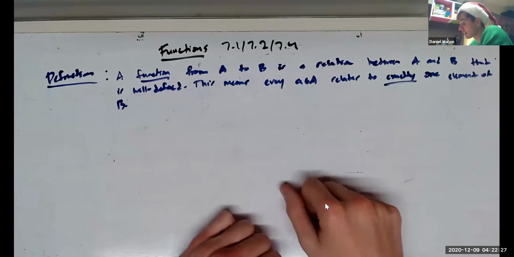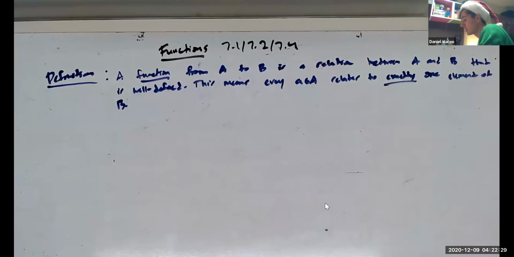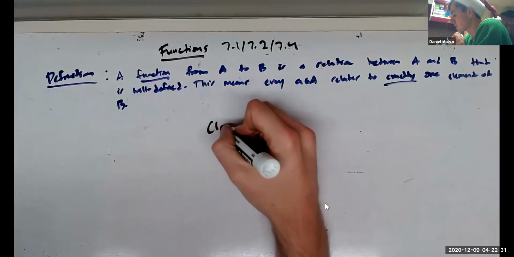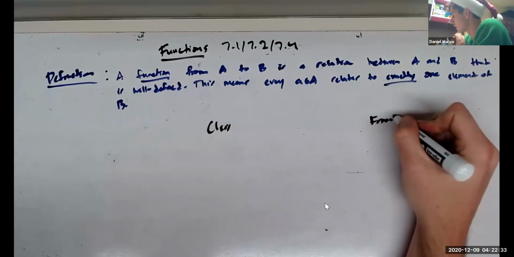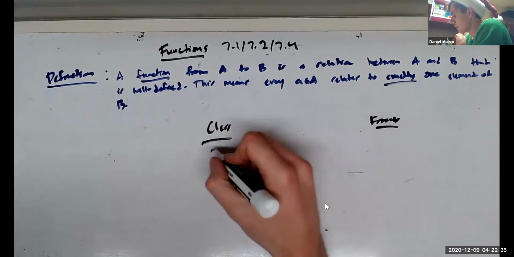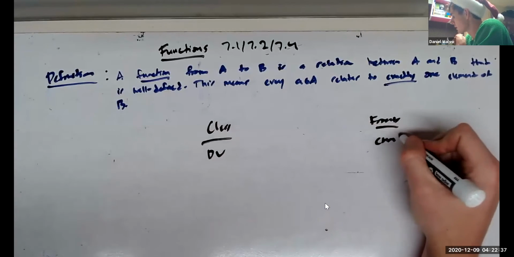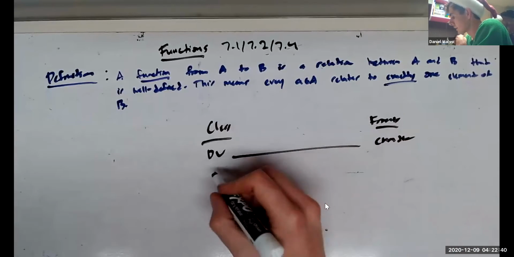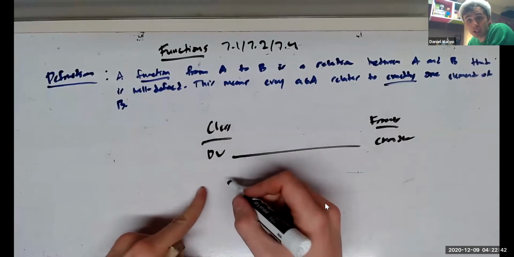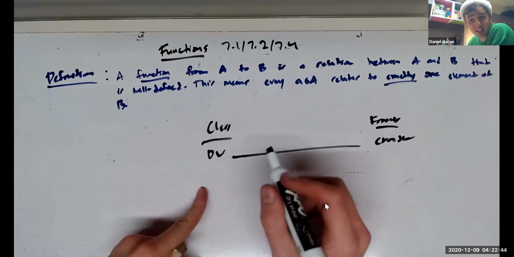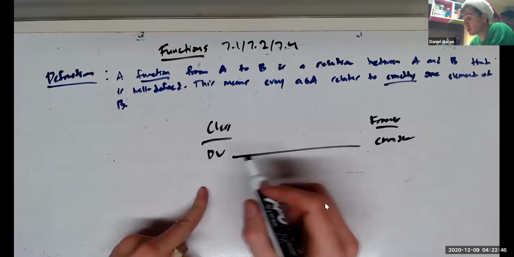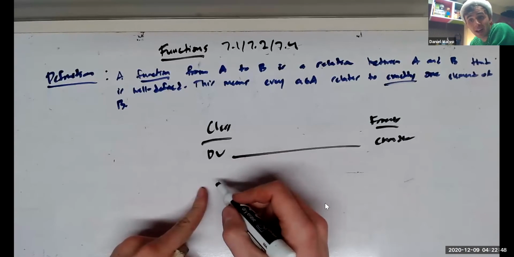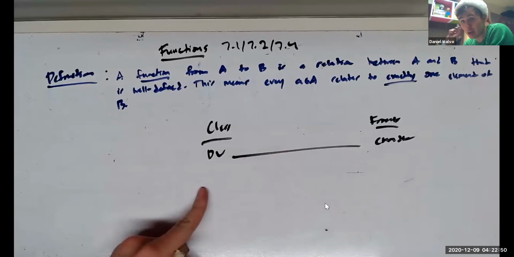So if we go back to the class and friends example, with a function between the class and friends, you can plug any one of us in and it will tell us which friend we are. It won't give us multiple options.